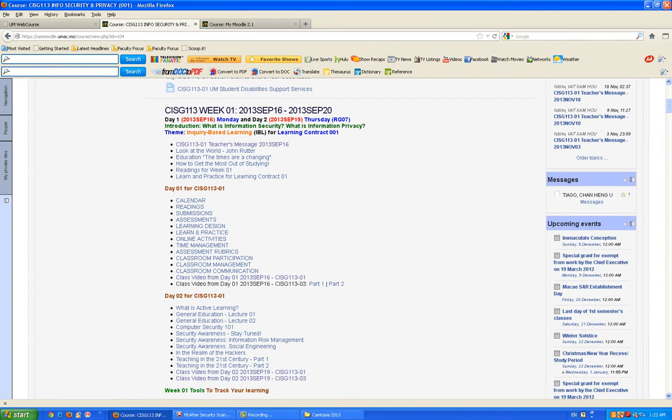This is also the topic as well as the week indication. As you can see, I can make the best use of the web page features of the UMMoodle environment so that I can add resources such as the themes of that week. For example, if I'm doing inquiry-based learning, the particular topic of this week, as well as the 2 days, which normally we meet 2 times a week.